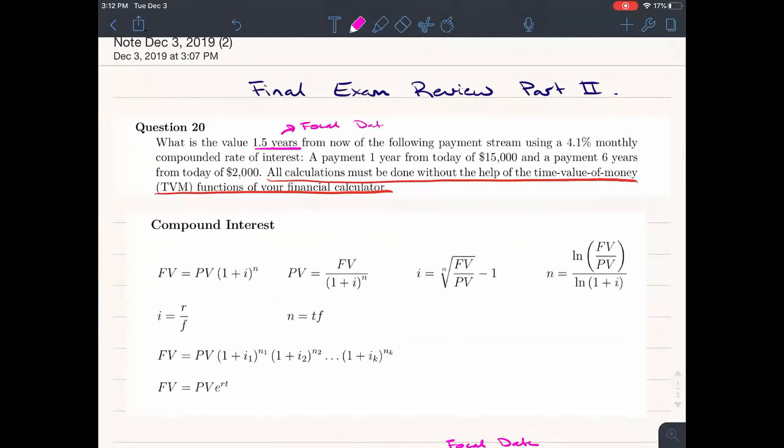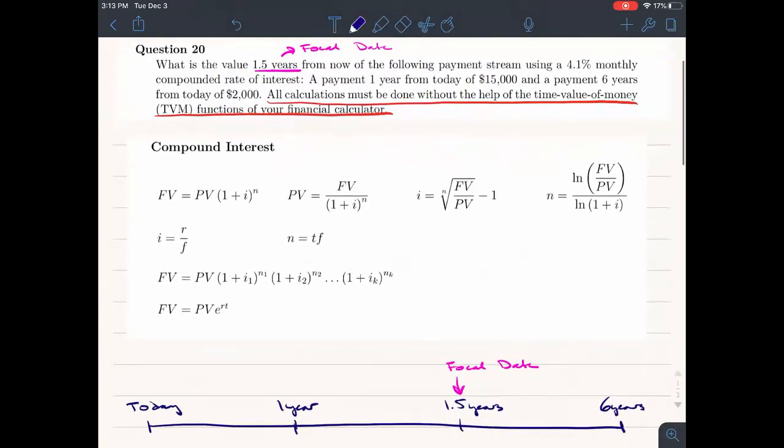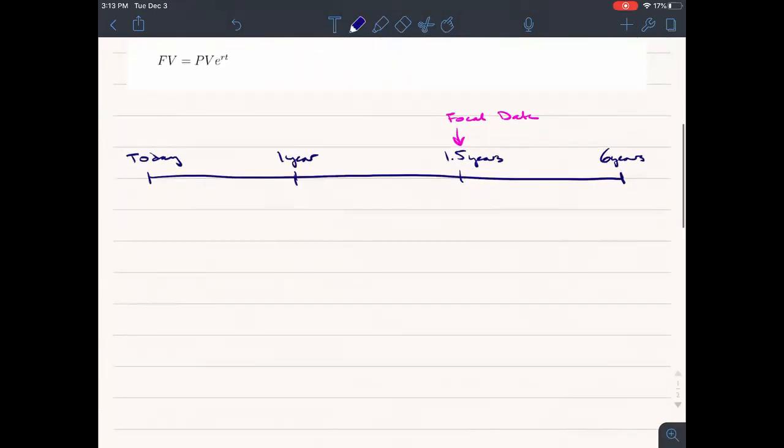That's the focal date, so that's where we want to draw our payments to so that we can figure out what they're worth. Cool. Now we've got payment amounts. So 15,000 1 year from today and 2,000 6 years from today.